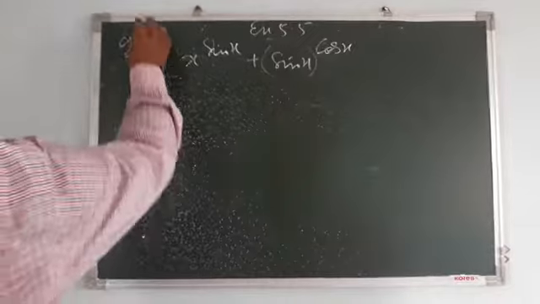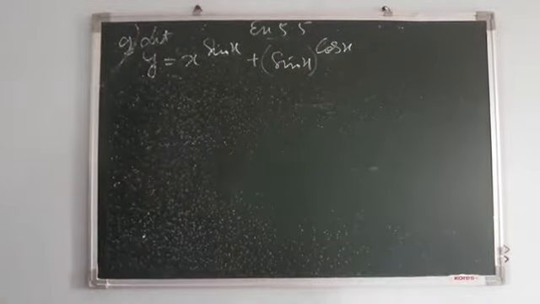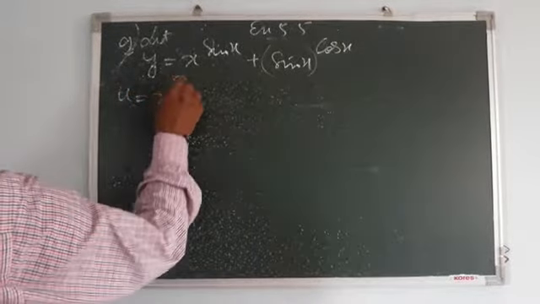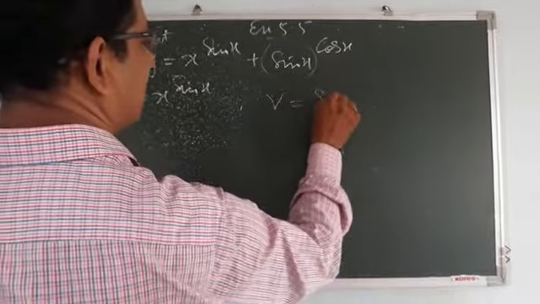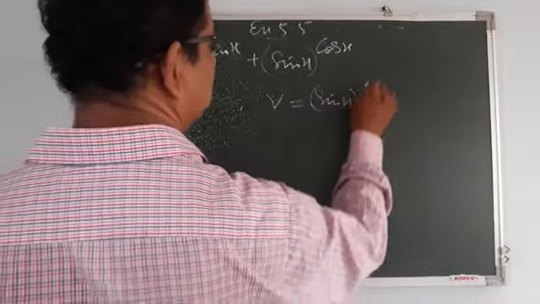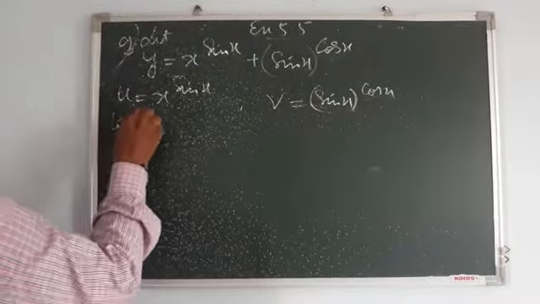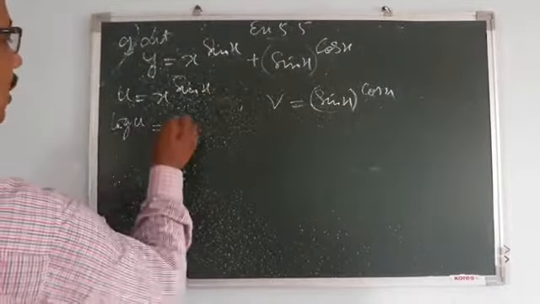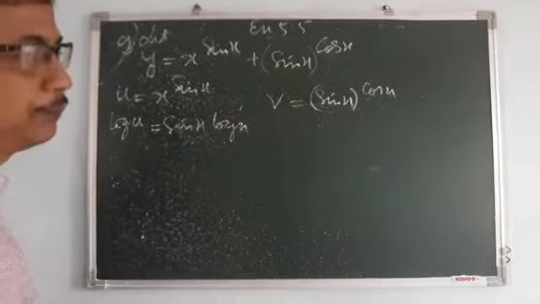So as usual we take y is equal to this, and take u is equal to x to the power sin x, take v as sin x to the power cos x. Then as usual you take log on both the sides. If you take log, sin x will come out and log x will be there.